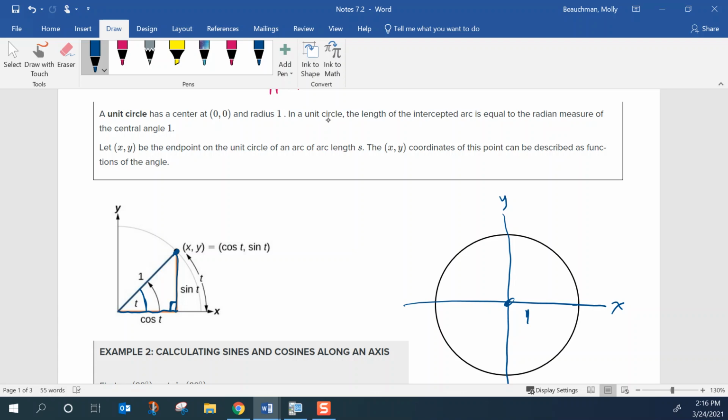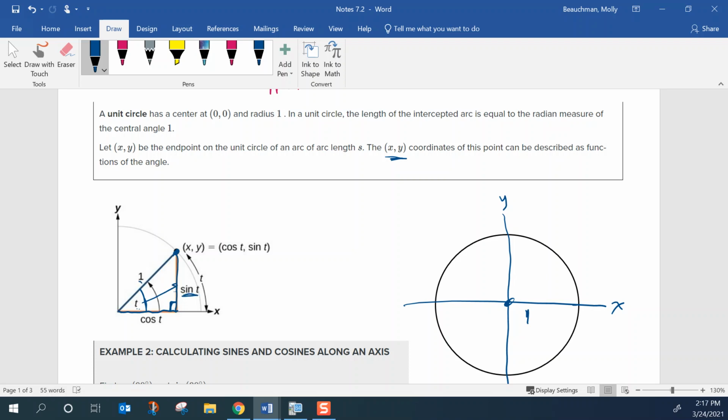So in a unit circle, the length of the intercepted arc is equal to the radian measure of the central angle. Let xy be the endpoint on the unit circle of an arc of length s. The coordinates xy can be described as functions of the angle. So if you think about this as a right triangle, on angle T, the sine of angle T is the opposite side over the hypotenuse.